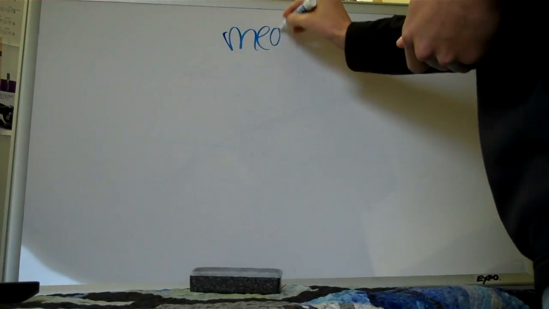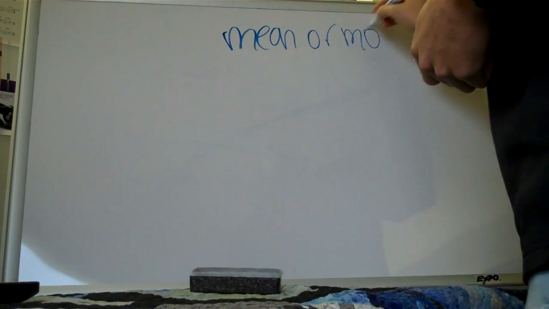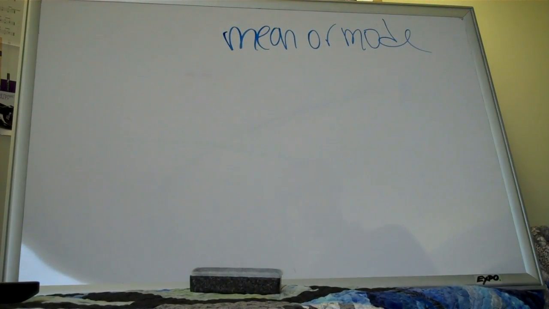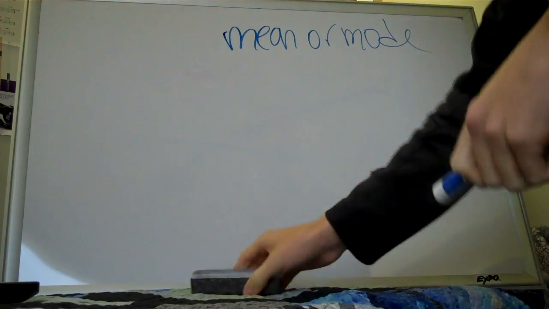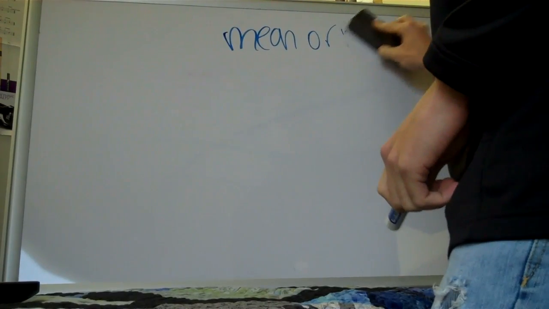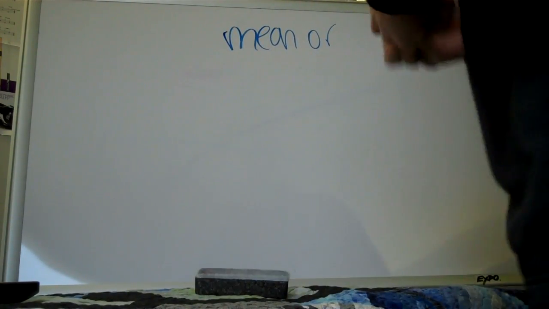So, essentially what they're asking in this problem is, is it best to use mean or mode? These two things find the middle value of the whole. No, not mean and mode. Sorry, it's median. Median, of course, means middle.